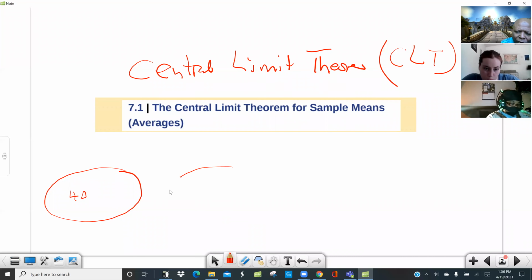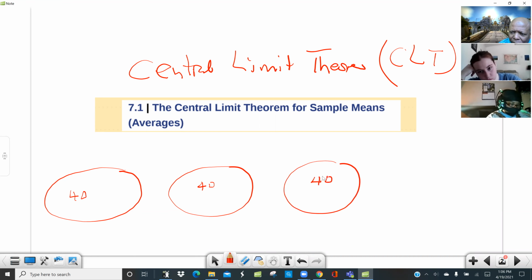They administer the drug to another group of 40 mothers. They administer the drug to another group of 40 mothers, right? And then maybe if they want to know the average number of mothers who registered a problem or had a headache or something like that, they find the average in the first group, they find the average in the second group, they find the average in the third group.